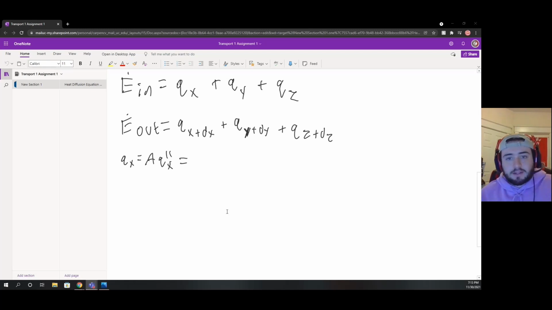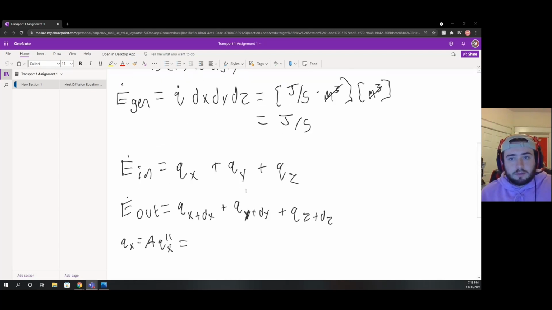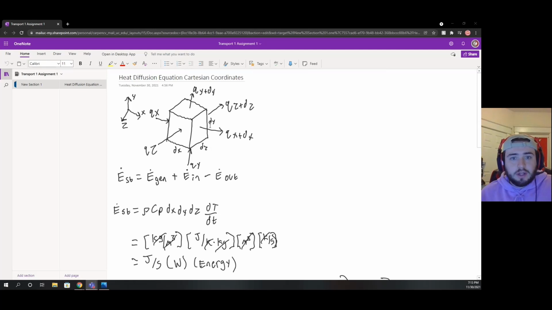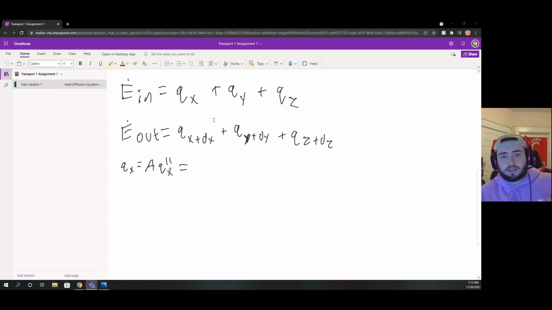The area that heat flow in the x direction flows through is going to be the z and y plane. So it's going to be dz times dy for the area, times the thermal conductivity times the change in temperature over change in distance.